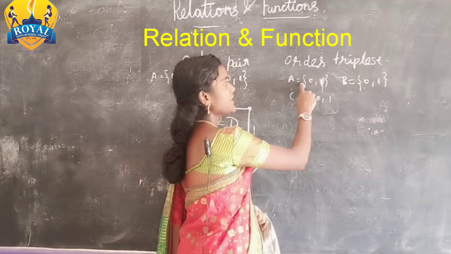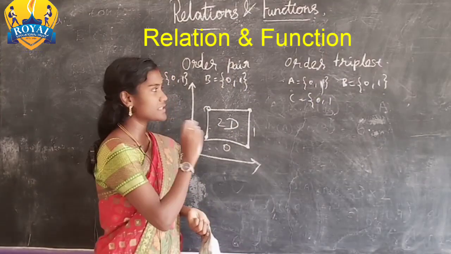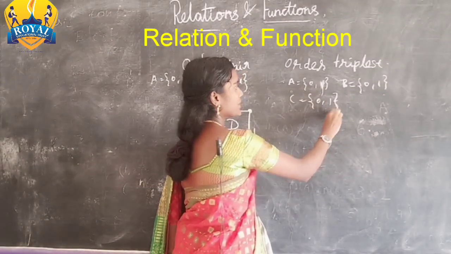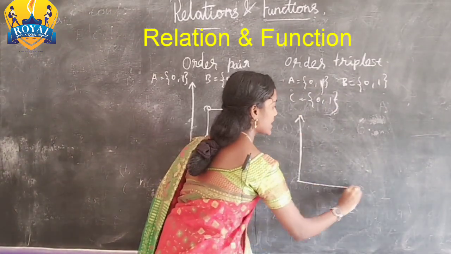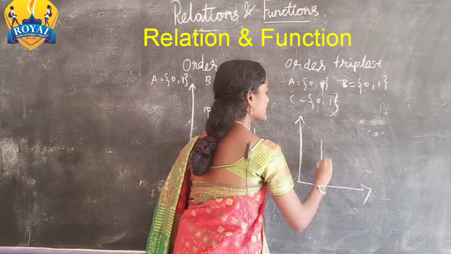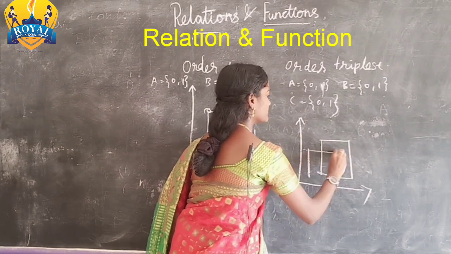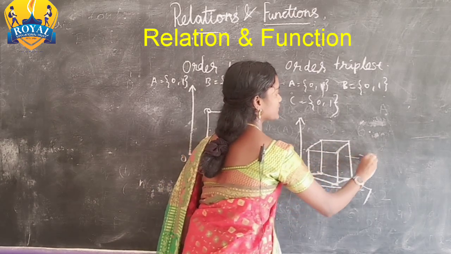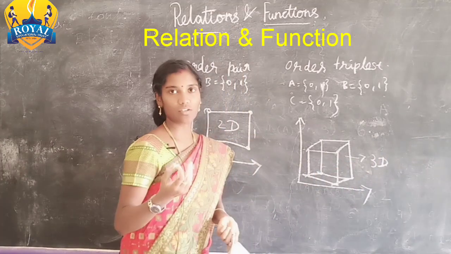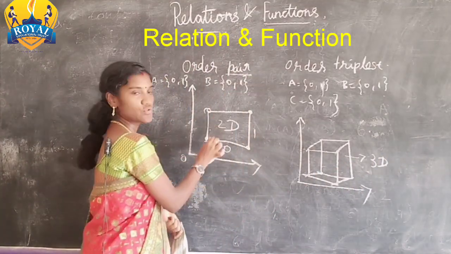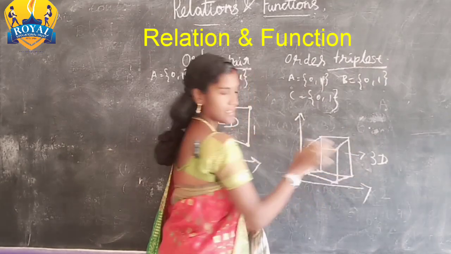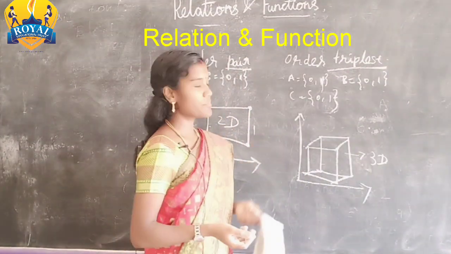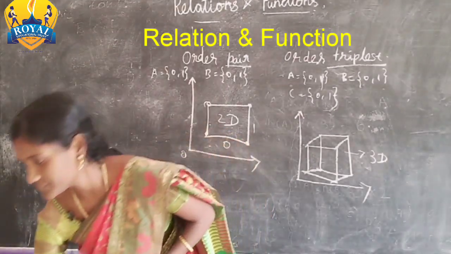If you combine three, a triple, it makes a 3D shape in the Cartesian plane. So just to be clear, pair means 2D, triple means 3D.